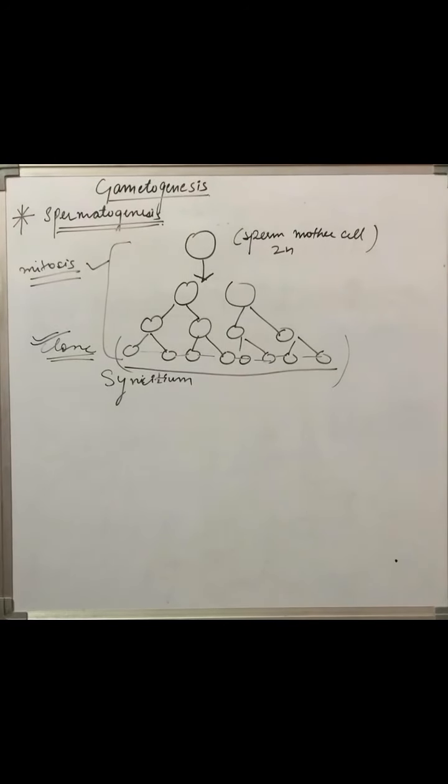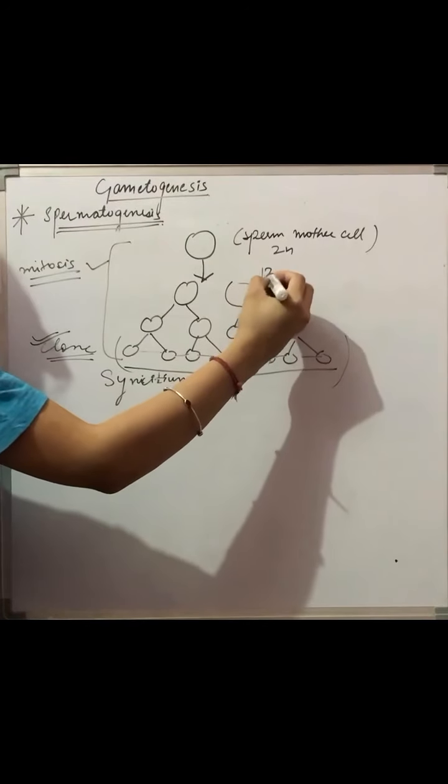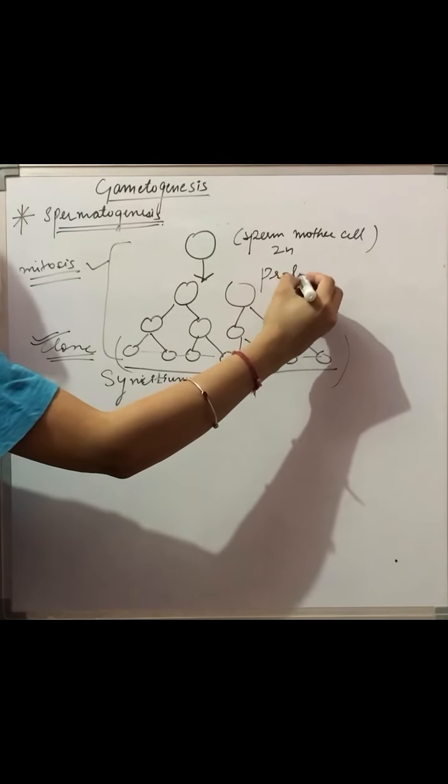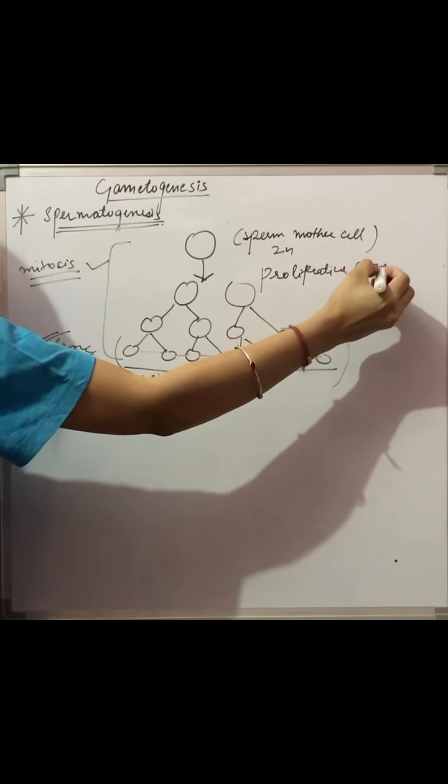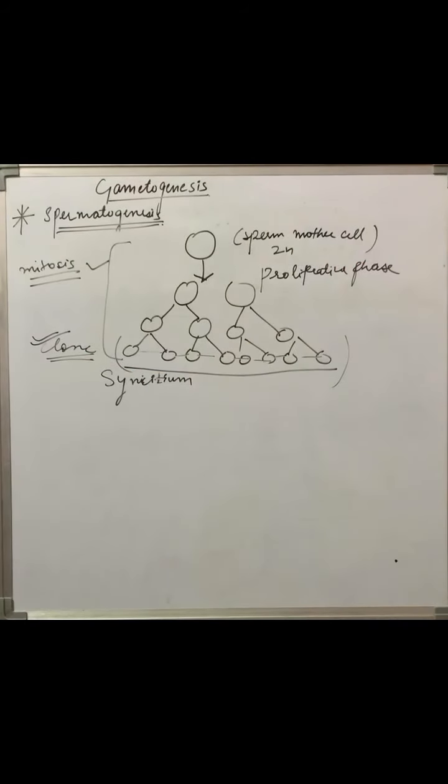Let's discuss this phase. The phase in which the number of cells are produced without any reductional division or meiosis is called the proliferative phase. In this phase, there are 2 kinds of cells.